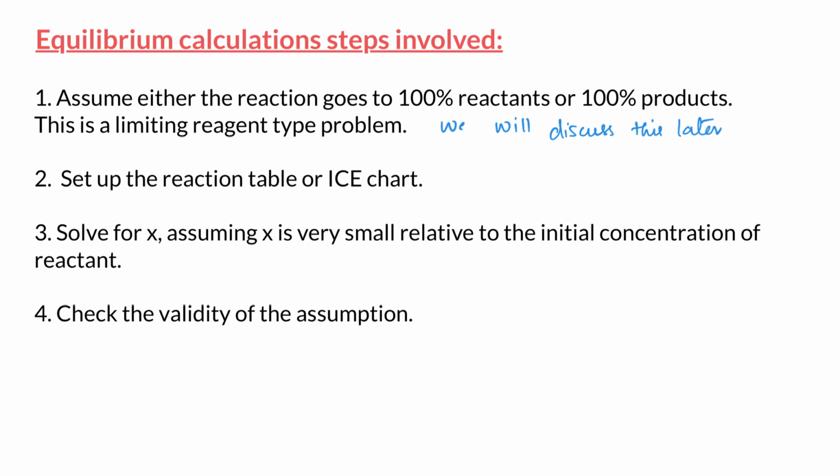Solve for X, assuming X is very small relative to the initial concentration of the reactant. Step 4. Check the validity of the assumption by calculating X over the initial concentration of reactant times 100. This value should be lower than 5% for our assumption to be valid.